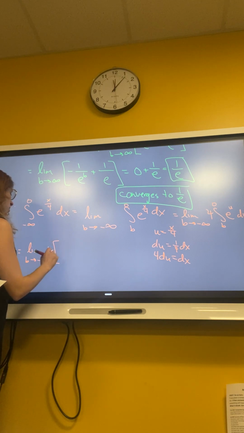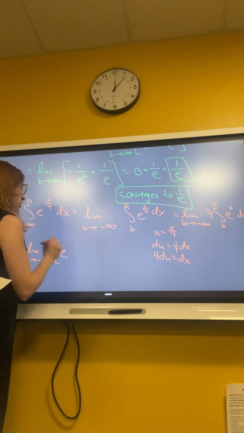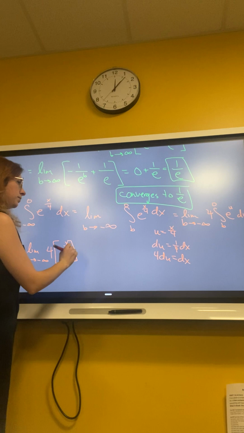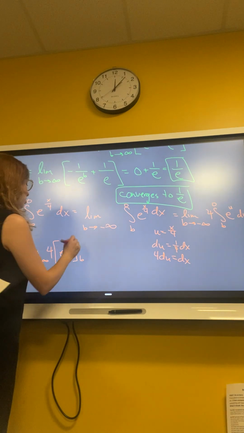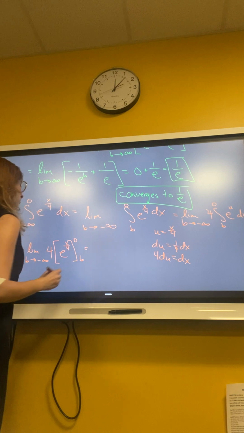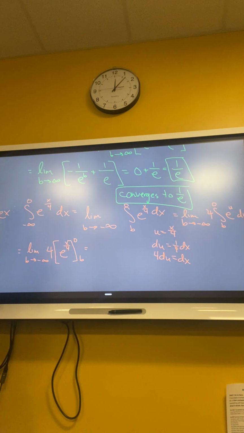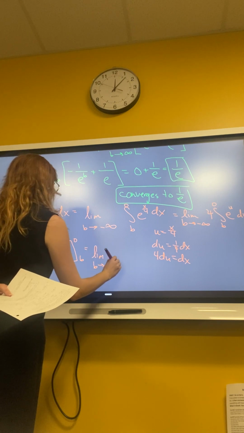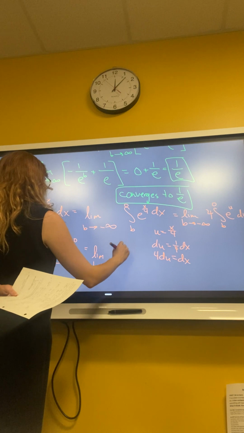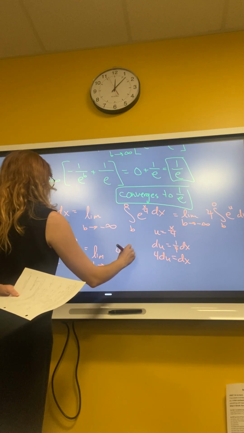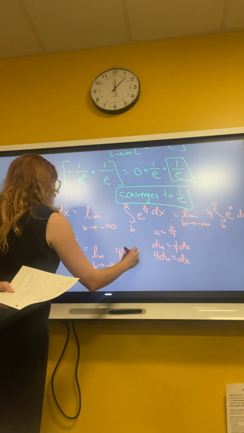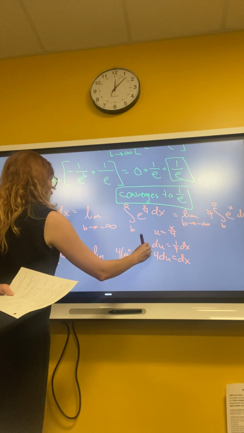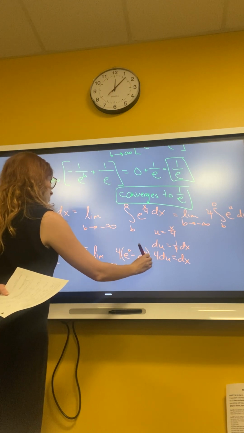So 4 e to the u, in this case x over 4, from b to 0. And now we're plugging in. So the limit as b approaches negative infinity of 4 times e to the 0 over 4, or just e to the 0, minus e to the b over 4.